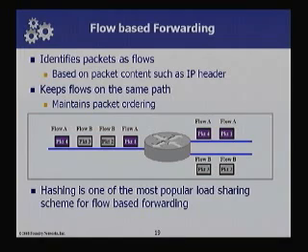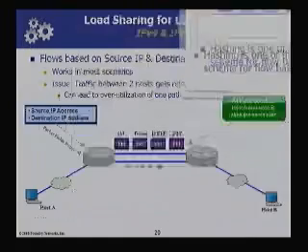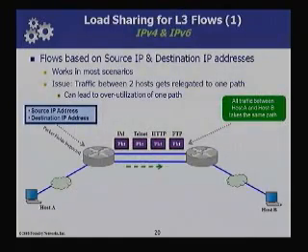Now we will take a look at how, for flow-based forwarding, you can take your different traffic types, whether it is MPLS, layer 2 traffic, layer 3, IPv4, IPv6, and send it across these different paths. For layer 3 flows, for IPv4 and IPv6, you can use source IP address and destination IP address, and this works in most scenarios.